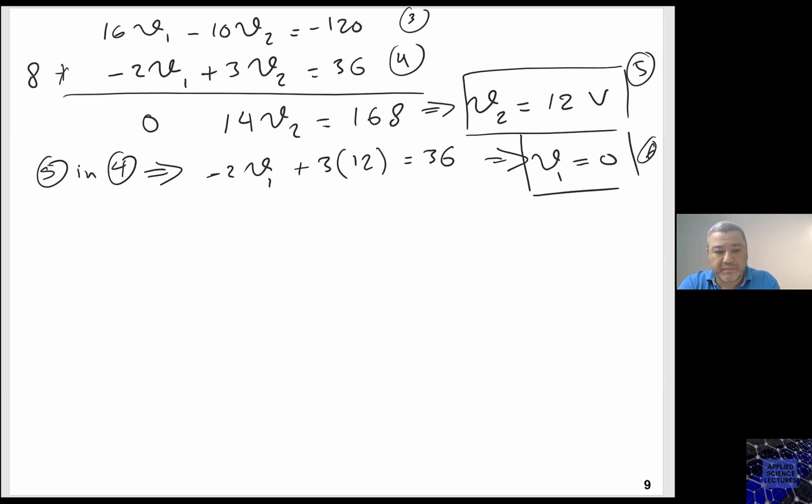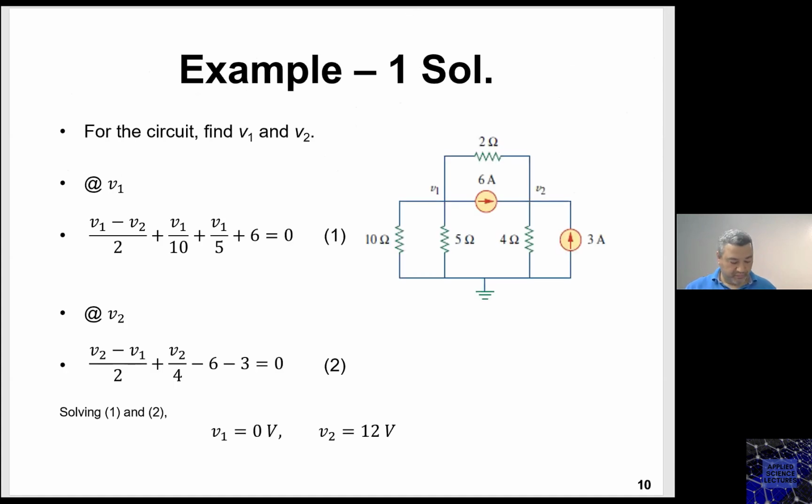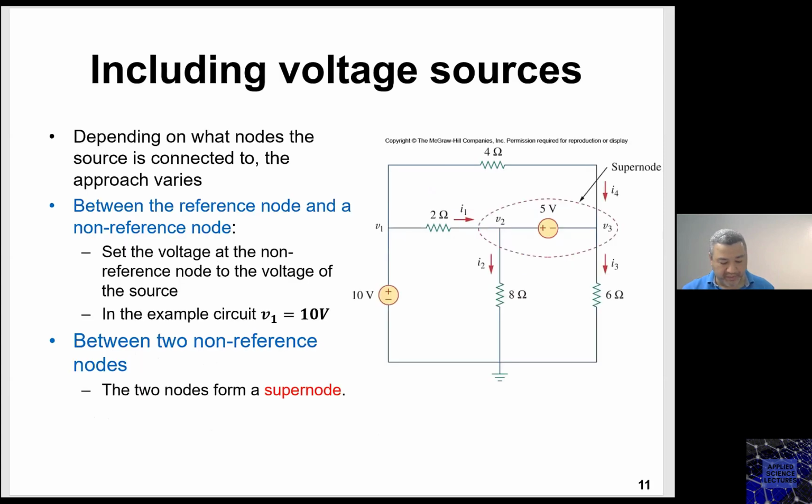Okay. Did you manage to get the same answers? I'm still going through my calculation. Okay. So again, I have written the solutions for you here in the next slide, the formulations of the nodal equations. Here you have them.